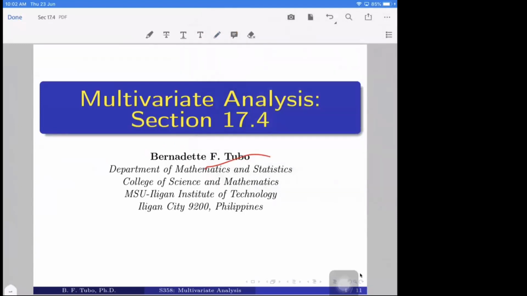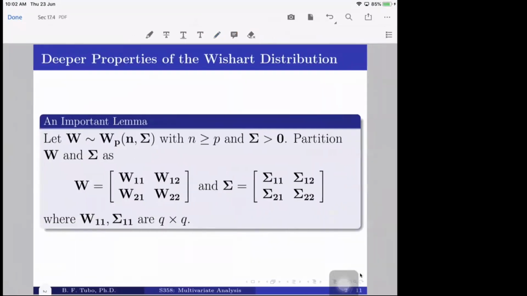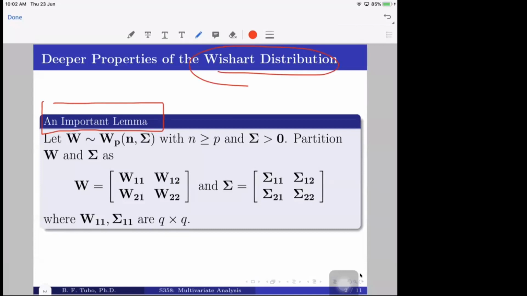So let's continue. This time we will have section 17.4. So 17.4 talks about some deeper properties of the Wishart distribution, some more properties, and Arnold just labeled it as an important lemma.